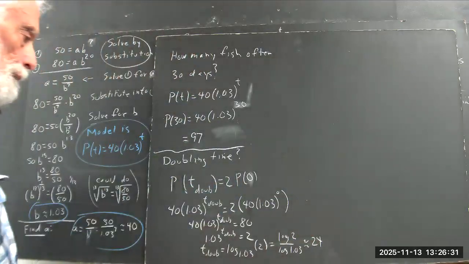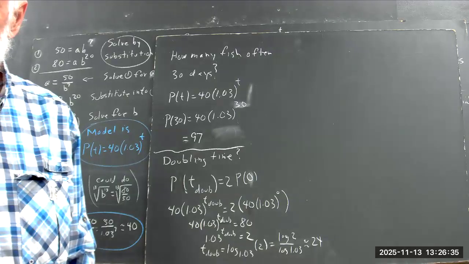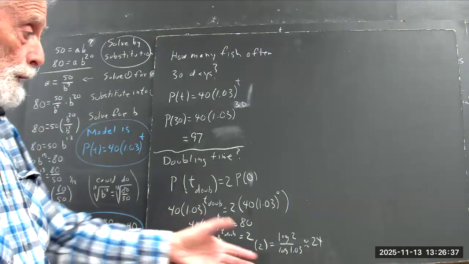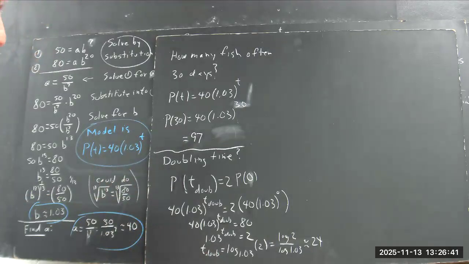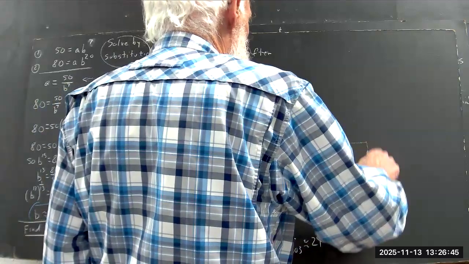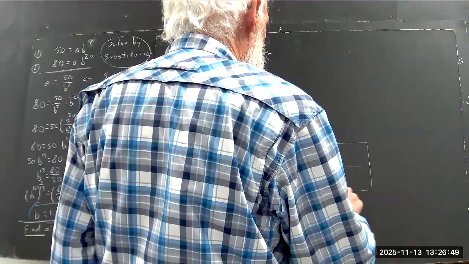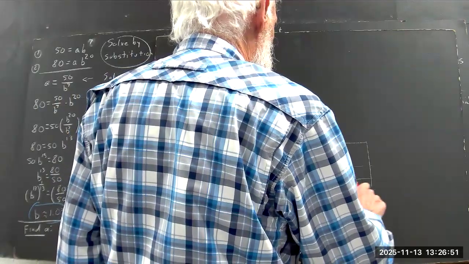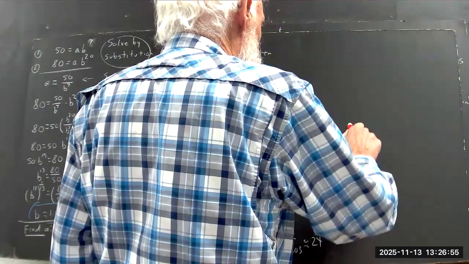And that's by the rule of 72, which you might have seen. Okay. So pretty easy to see how big T dub is. So now if you want to draw a graph of this thing, you could line it off as usual.